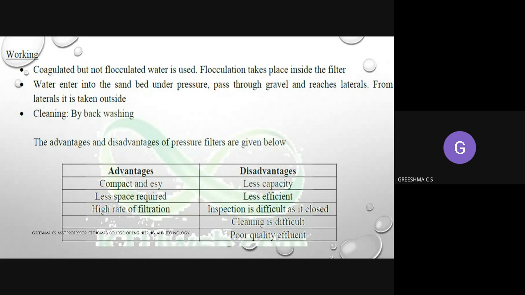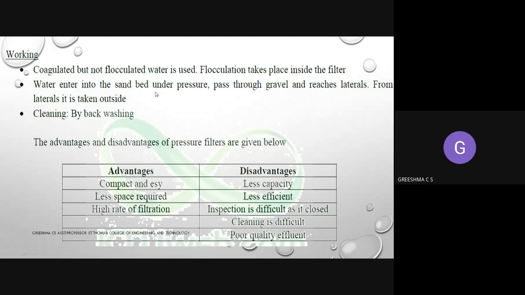So here the water coming into the chamber is after coagulation, and flocculation will occur in the filter. That means once you add the coagulant and mix it, you take that water into the pressure filter. So the flocculation occurs inside the filter.